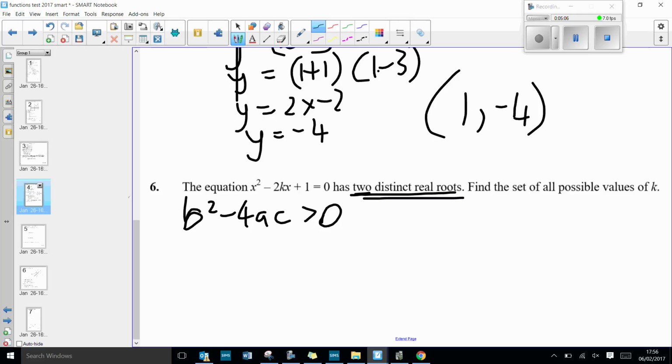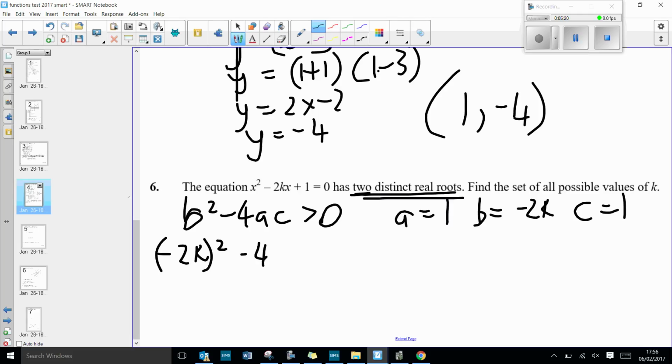So in this case, a has a value of 1, b has a value of negative 2k, and c also has a value of 1. So we're sticking those values in, so it's negative 2k all squared minus 4 times 1 times 1 has to be greater than 0.